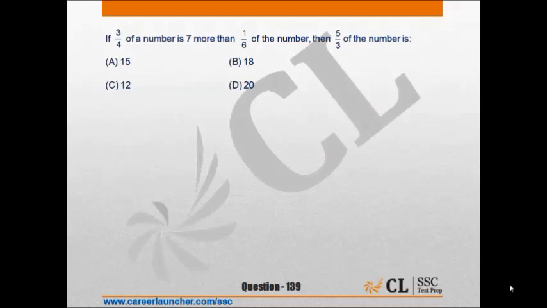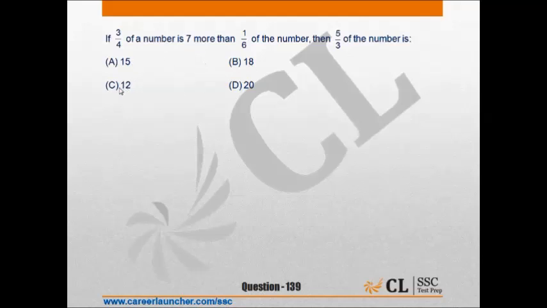Coming to the next question. If 3/4 of a number is 7 more than 1/6 of that same number, then 5/3 of the number is. As we can see, the number would be a multiple of 4, 6 and 3. Now, 5/3 of the number is given in the options. So if the number is multiplied by 5 and divided by 3, then that result would definitely be a multiple of 5.